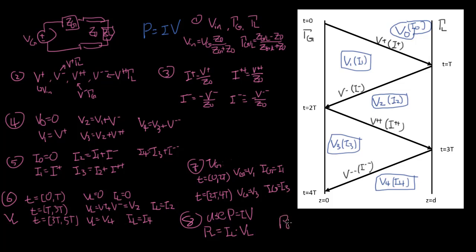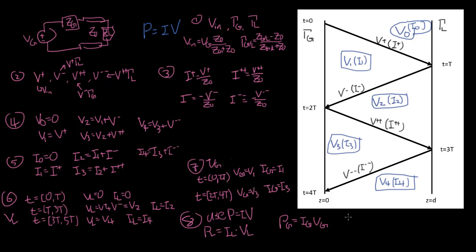And if you wanted the power dissipated at the generator, you just take the current at the generator and the voltage at the generator for the time period that you're interested in. If you were asked to plot it, you would just set it as the product of these two for t equals 0 to 2t, and then between 2t and 4t, it would be the product of these two.